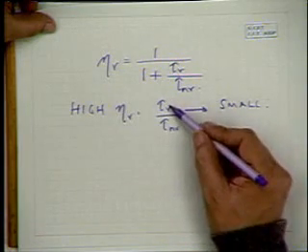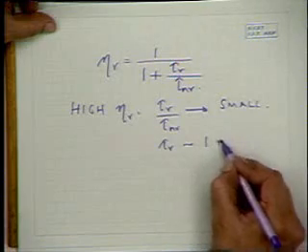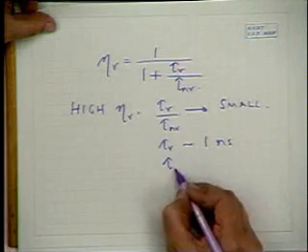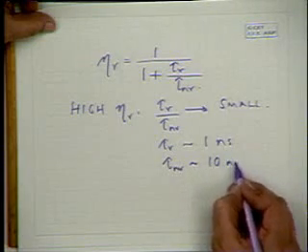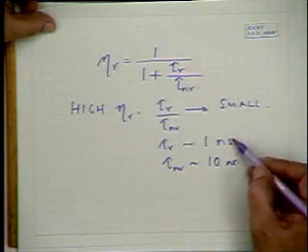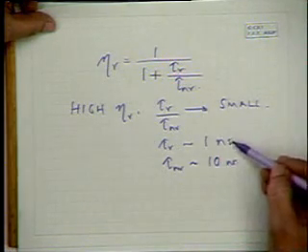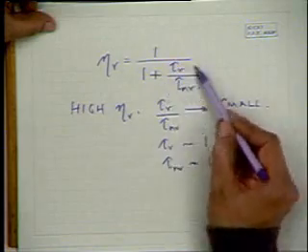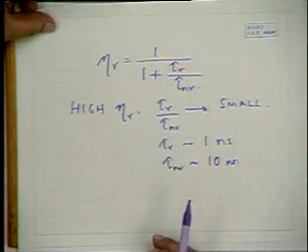For example, tau R could be of the order of nanoseconds, whereas tau NR we would like to be of the order of 10 nanoseconds or higher. So the rate process which is faster prevails, and then we have this denominator term small and this radiative recombination efficiency is high.